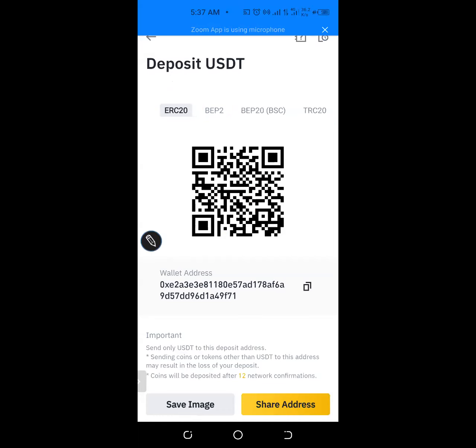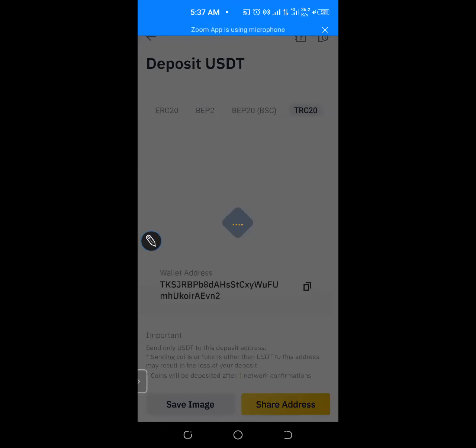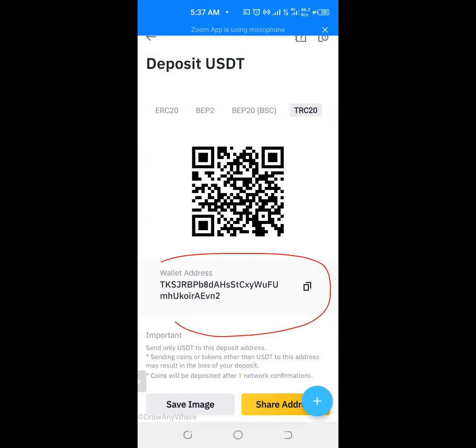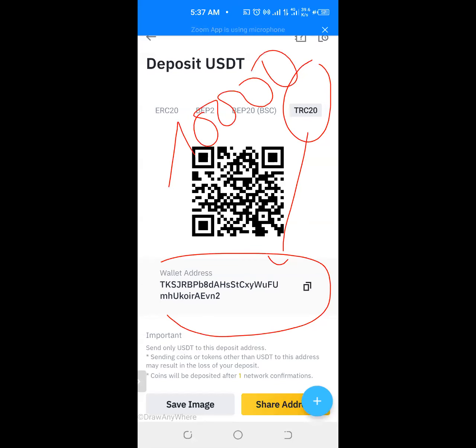When you click on it, this wallet here will change to the wallet corresponding to this network. They are different networks, and each network has its own fee. With this TRC20 network, you can send even $10,000 worth of USDT, and they cut just $1. Is that not amazing? Just $1.